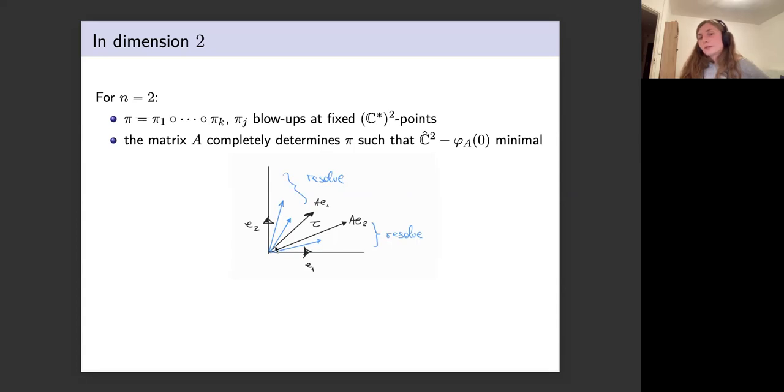If it's not, you can add new rays and split it more and more until all the cones that you get are indeed generated by a basis of Z^2. And so by taking subdivisions of these cones, you have a unique way in which to refine this fan in order to obtain something that is smooth and which is also a modification of C2 in the end.